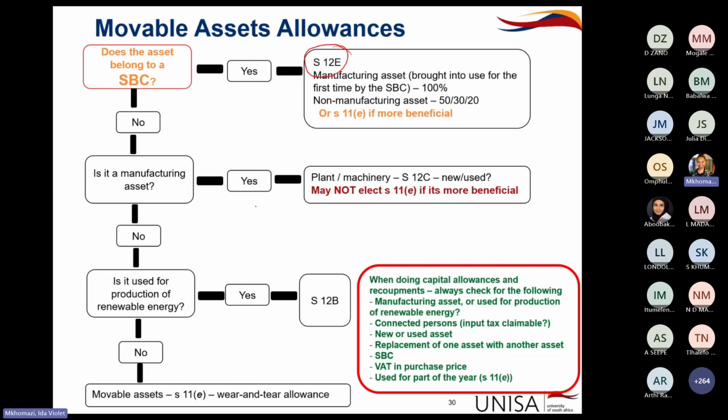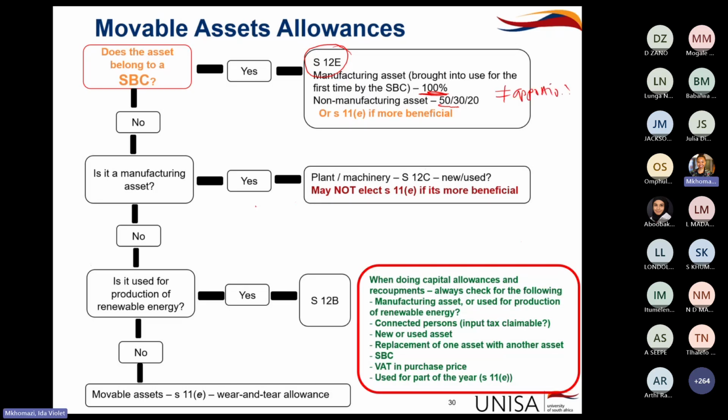What are the principles? If it's an SPC and it's a manufacturing asset, then you can claim 100%. If, however, it's a non-manufacturing asset, then you claim the 50, 30, 20, right? And we do not apportion.